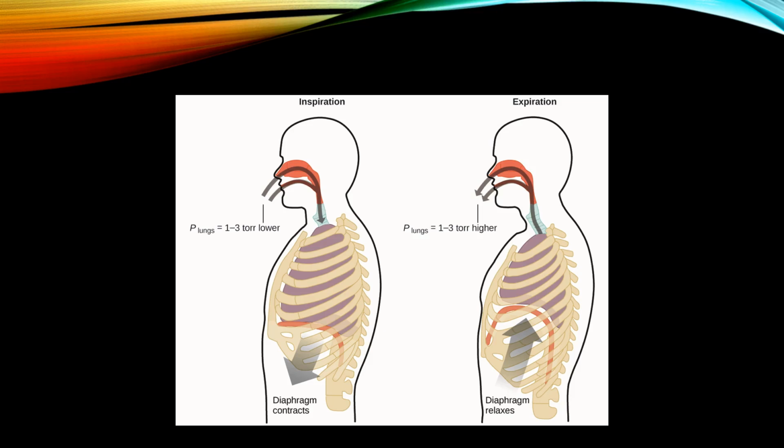And so air rushes in. And this continues until the pressure is the same on the inside and the outside. At that point, our diaphragm relaxes, our chest capacity automatically lowers, and that makes the pressure inside of our chest higher than the outside pressure. And so air then leaves the body.